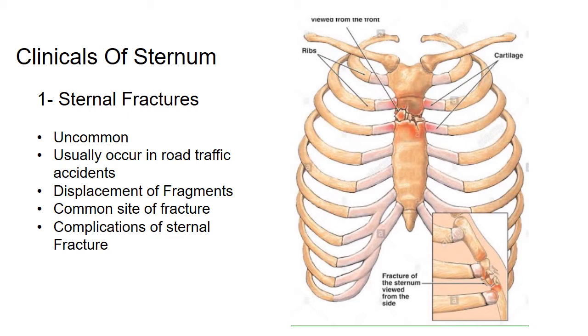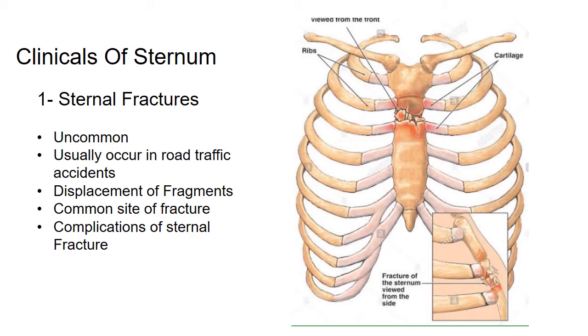The most common site of sternal fracture in elderly people is at the sternal angle, where the manubriosternal joint is formed. In cases of sternal fracture, as we know, the posterior aspect of the sternum is related to the thoracic viscera, which are the heart, lungs, pleura and pericardium.